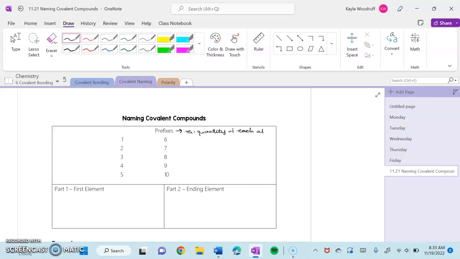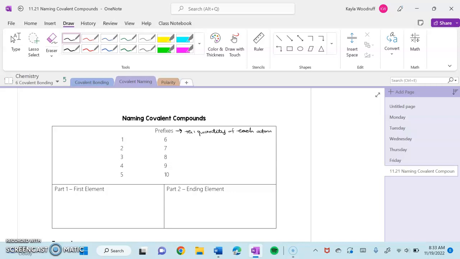Okay. So we have different prefixes that we'll use in the name to represent each number, and you're probably kind of familiar with these from math or like different geometric shapes.